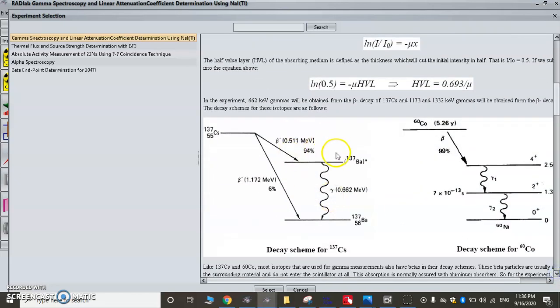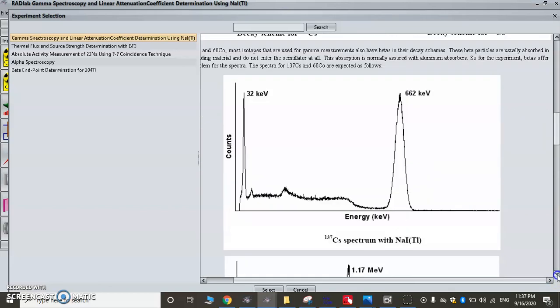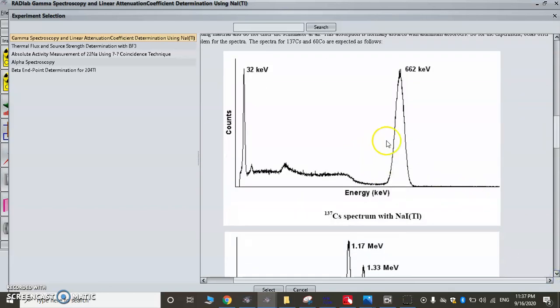For cesium we have 0.662 mega electronvolt, and for the cobalt source we have 2 gamma rays. Here is the spectrum for cesium.